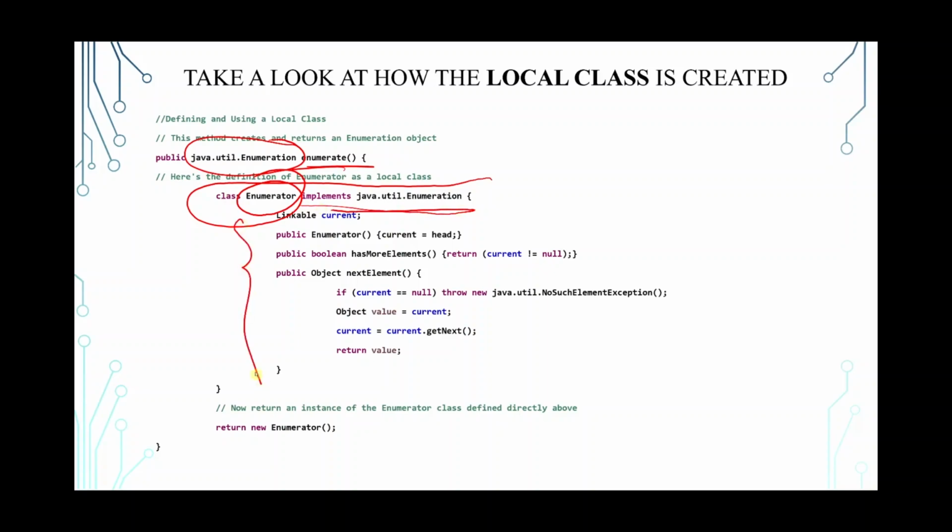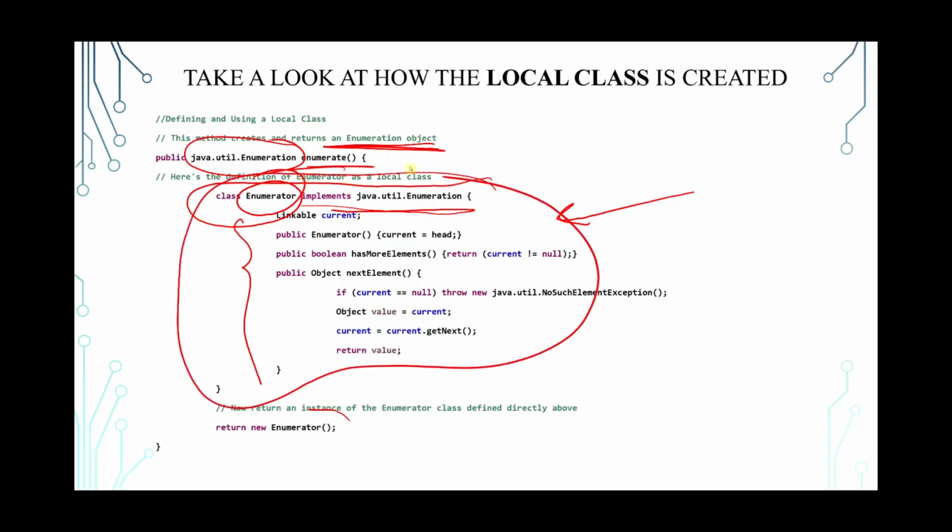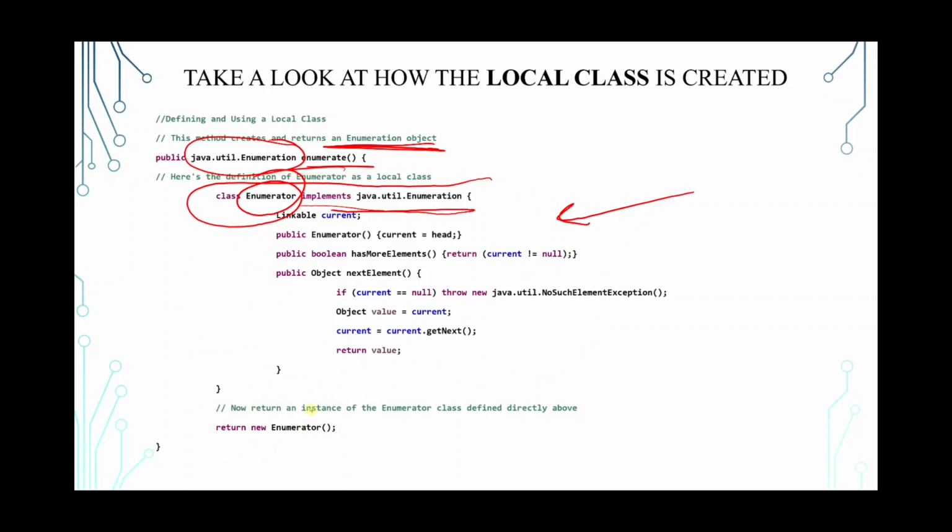So we have done something here, because this function is returning an Enumeration object. We have this class, and when you define it, because you still have access to it, you can return a new Enumerator. So this is not that complicated.